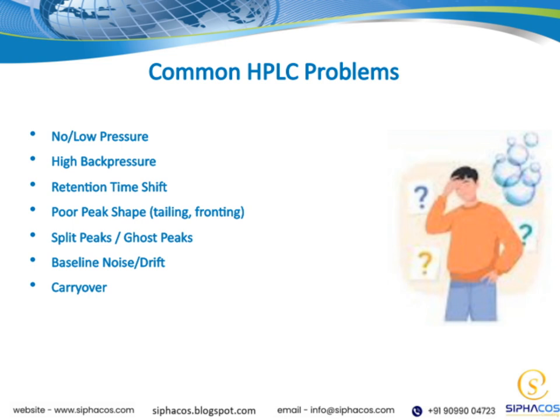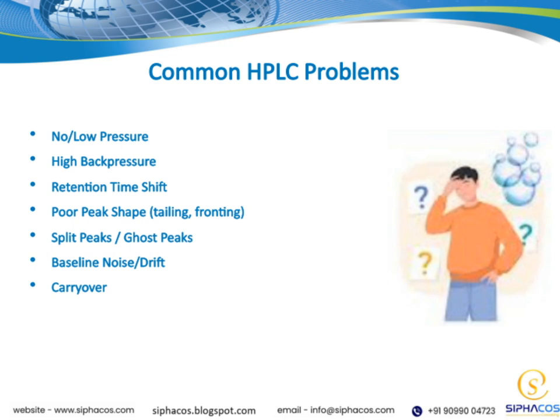Baseline noise or drift is a common nuisance, causing fluctuations that make it hard to distinguish real signals from background. Carryover, where traces of previous samples linger in the system, can contaminate your next runs and skew your data. All these issues are classic problems in HPLC, and understanding them helps us troubleshoot efficiently and keep our analyses accurate and reliable.